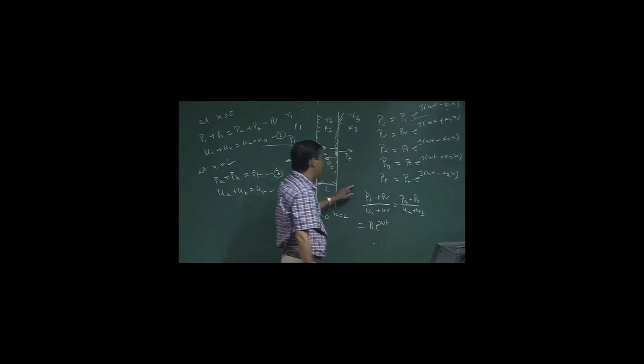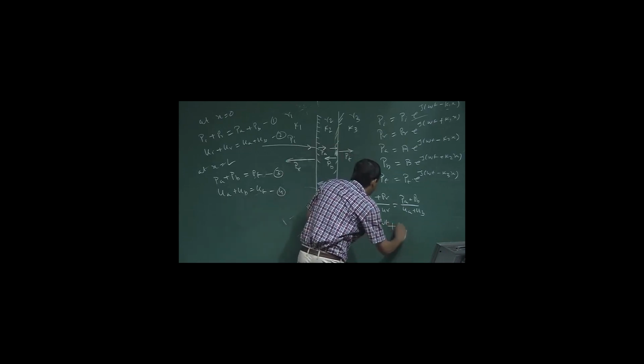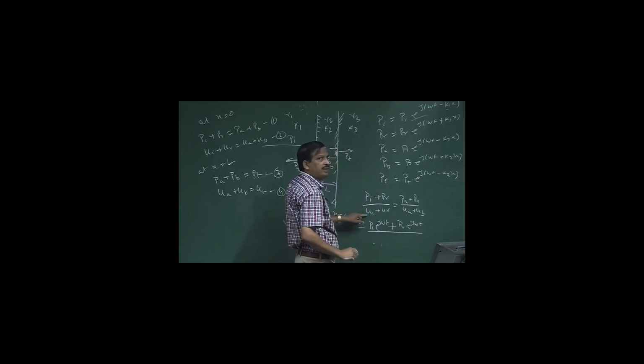Pi is Ai e to the power j omega t. So (Pi e to the power j omega t plus Pr e to the power j omega t) divided by Ui, which is Pi by r1, so Pi e to the power j omega t divided by r1 minus Pr e to the power j omega t divided by r1, is equal to, what is Pa?